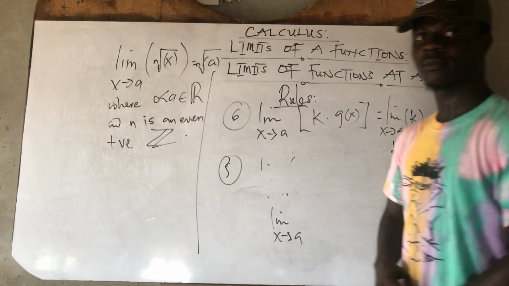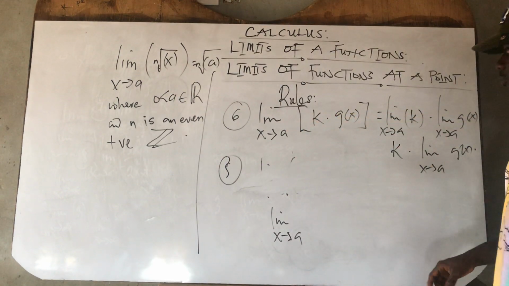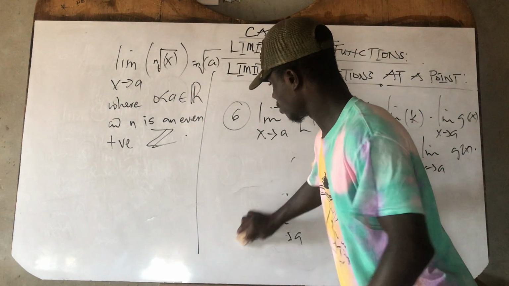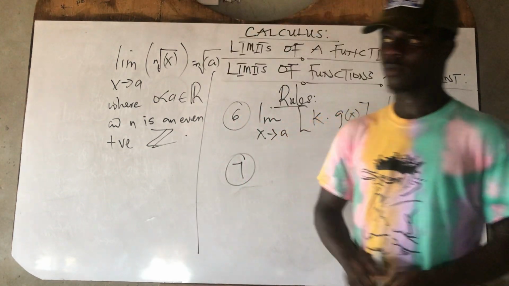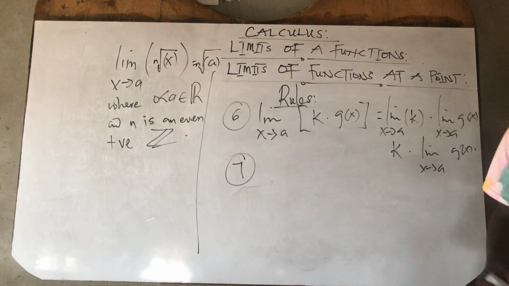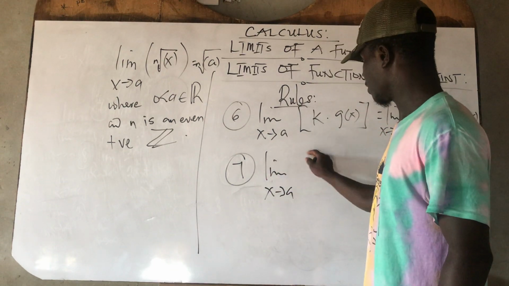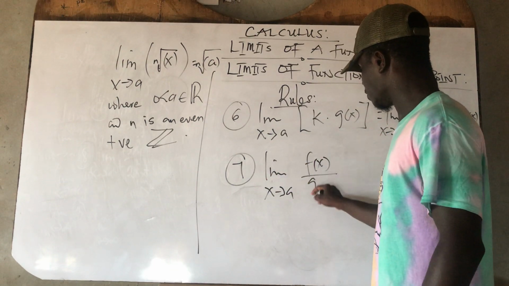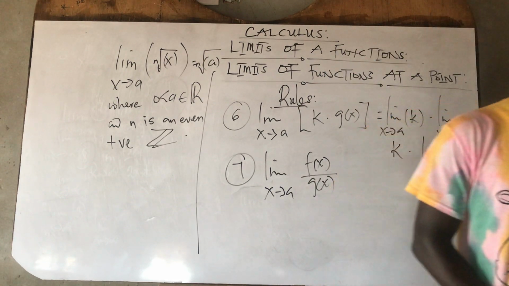Then we have the seventh rule, which is the limit as x approaches a of f of x all over g of x, provided g of x is not equal to 0.